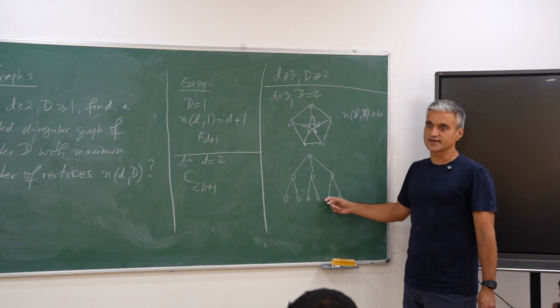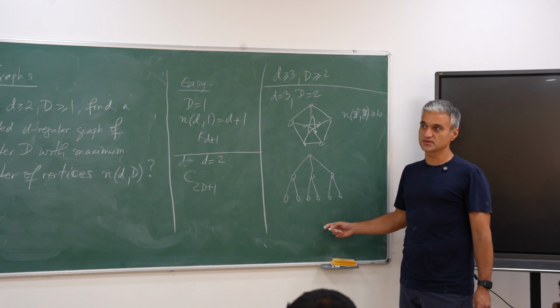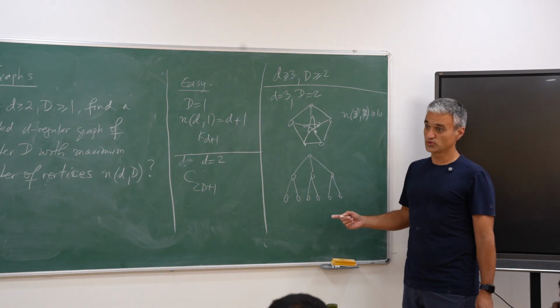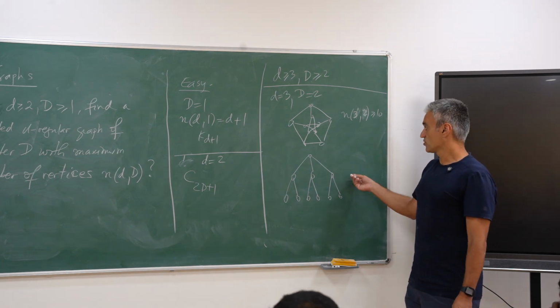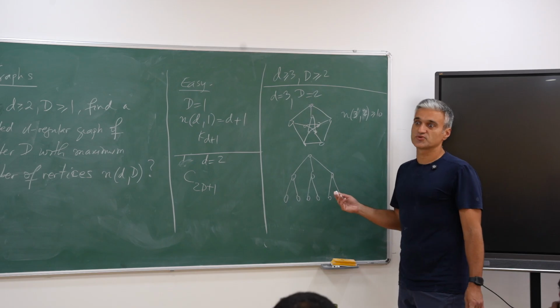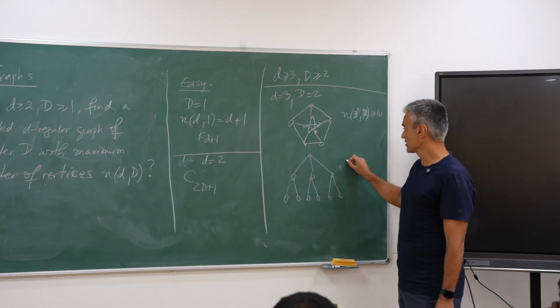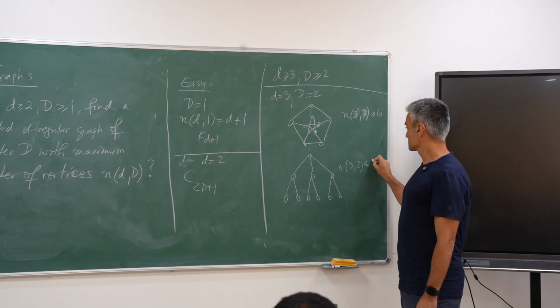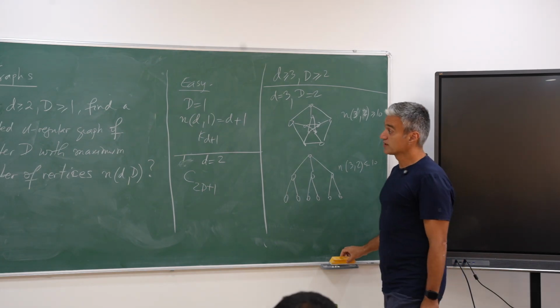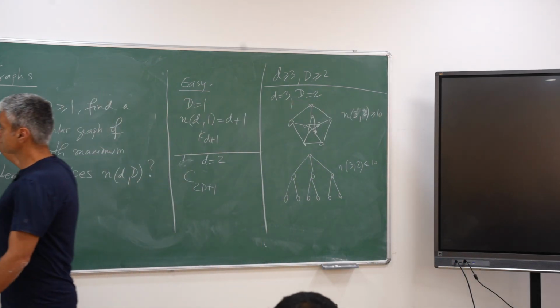I cannot go further down because the diameter is 2. So the largest number of vertices I can do is 1 plus 3 plus this, so n of 3, 2 is at most 10.